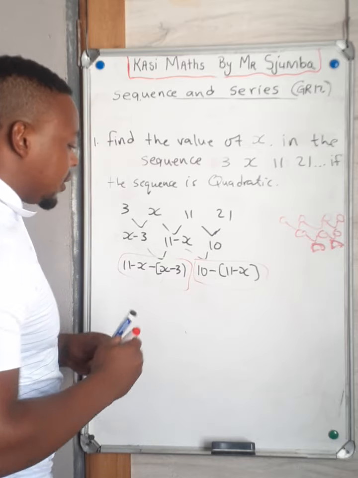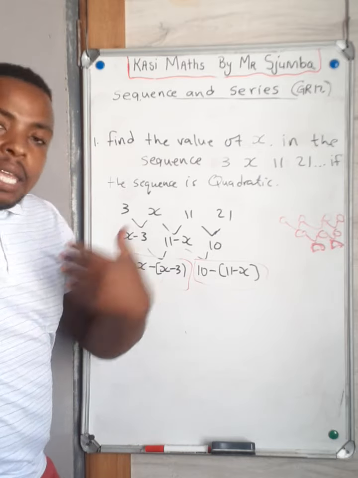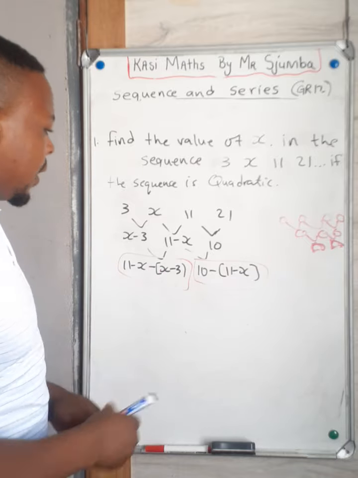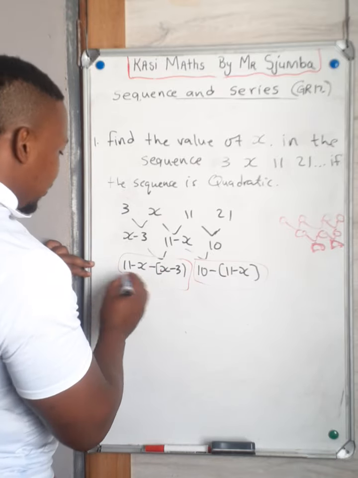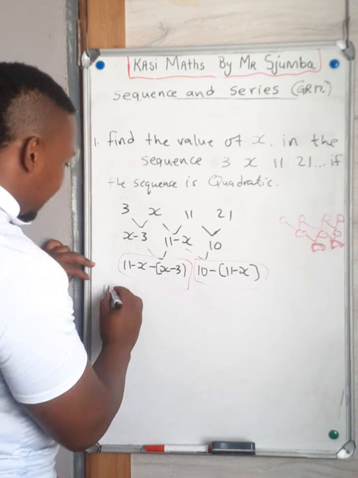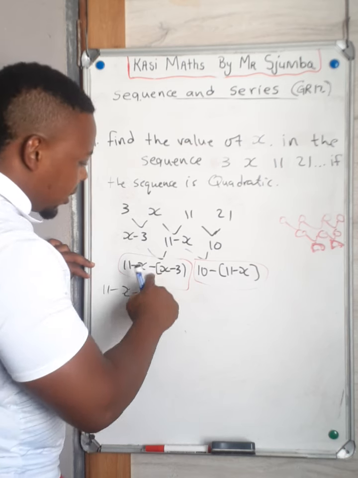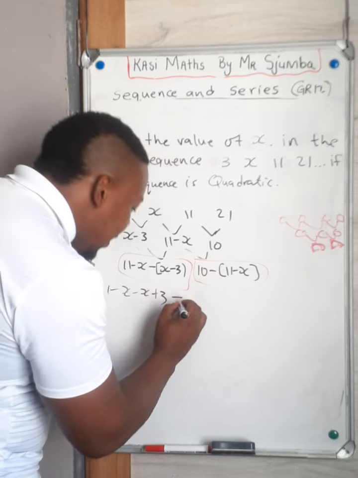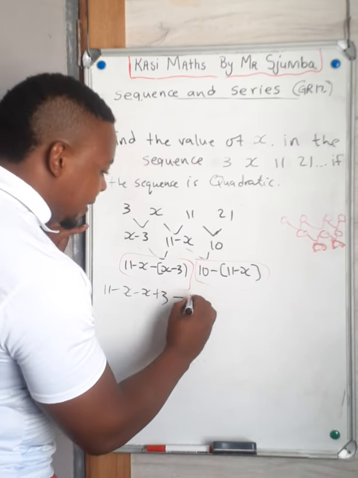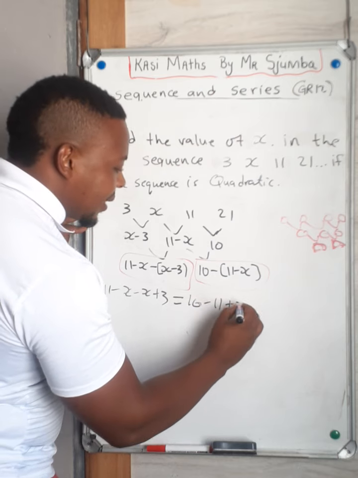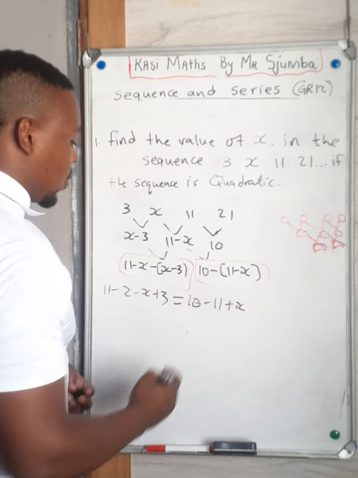The second differences in a quadratic are the same, so we can equate them, create an equation, and solve. So we have 11 minus x plus 3 equals 10 minus 11 plus x, because it's quadratic.